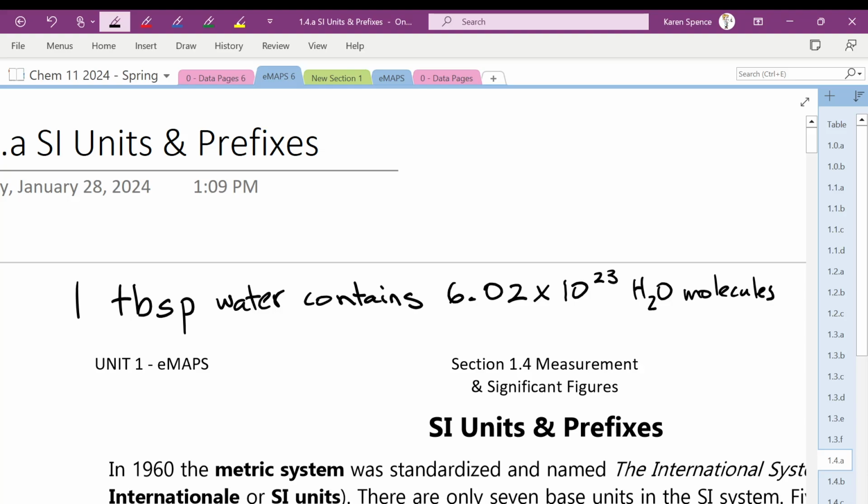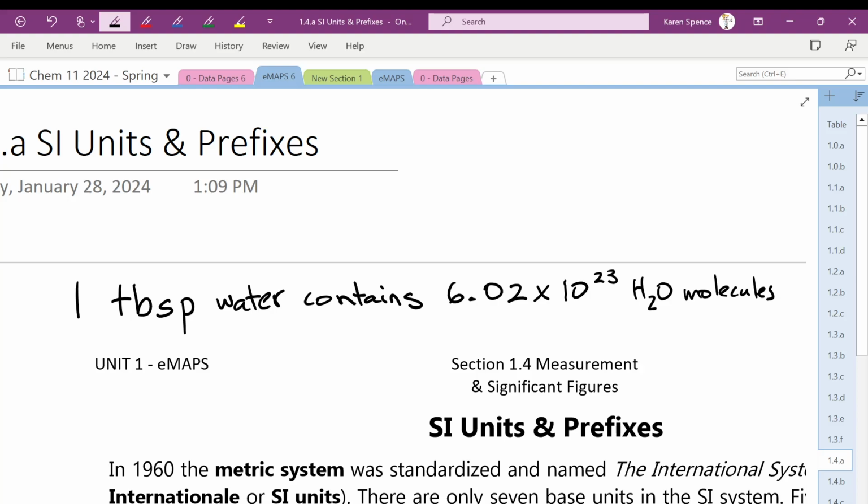Now, what the heck is that times 10 to the 23? If you've done physics, you probably know. If you haven't done physics, you might not have heard of it. But it means that we take 6.02 and we multiply it by 10, 23 times.